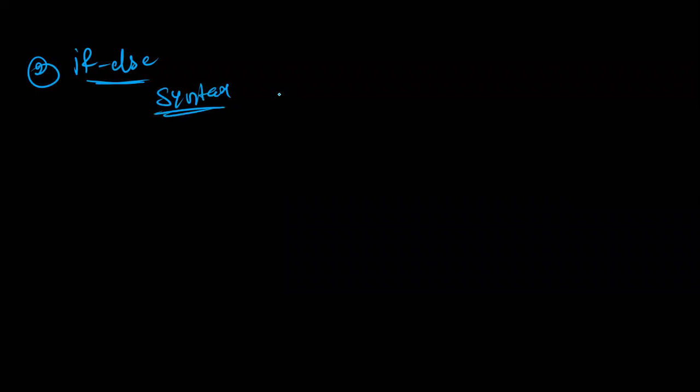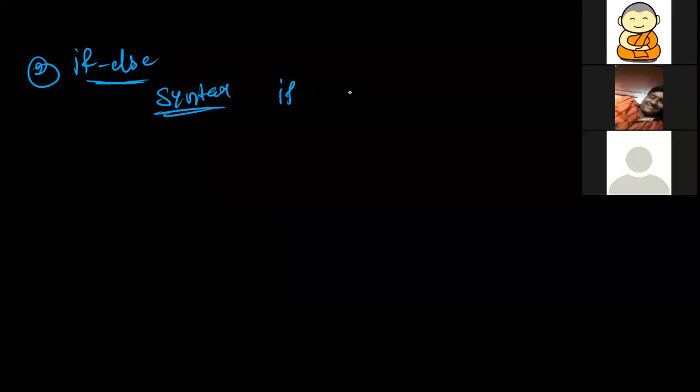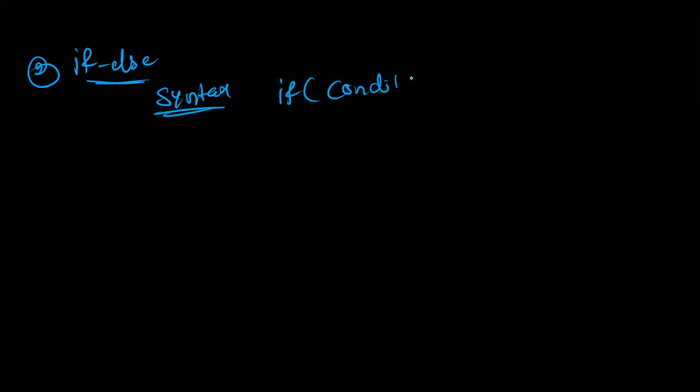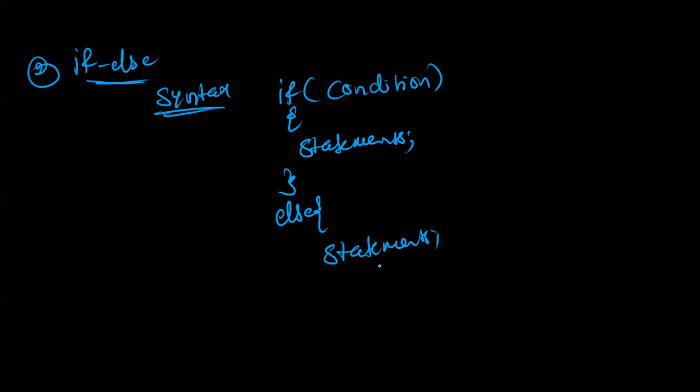How should it be? If, here we have a condition. Open the brackets, statements. Here you can write a group of statements. Else, here another set of statements. This is the format we can use.